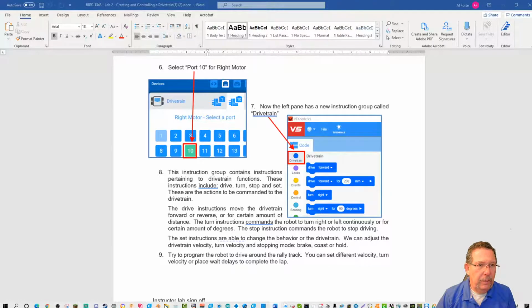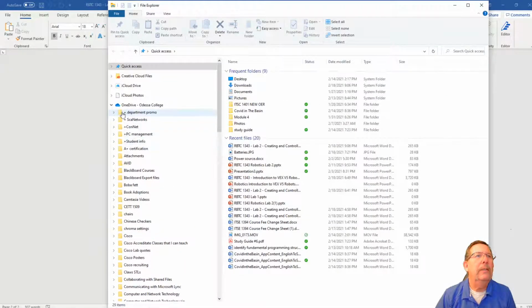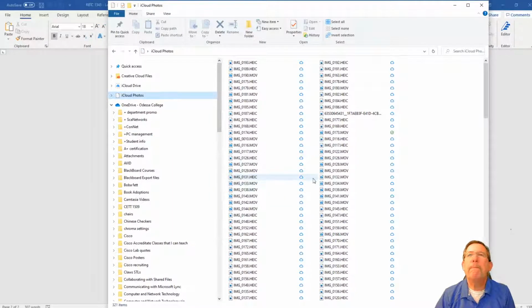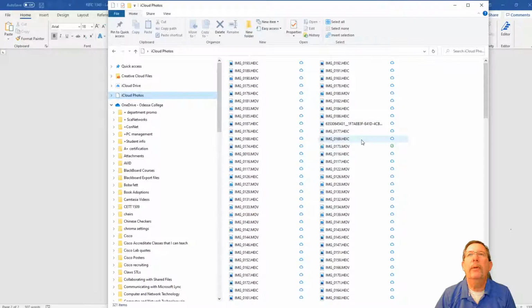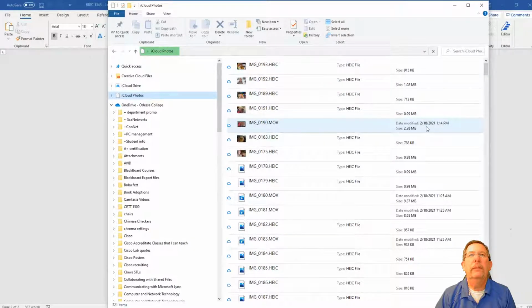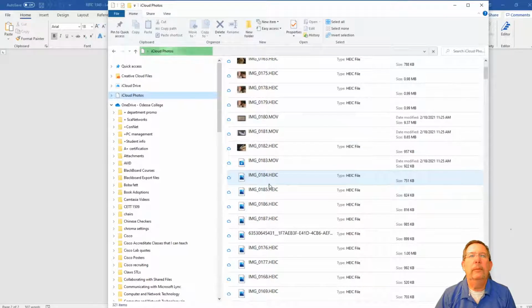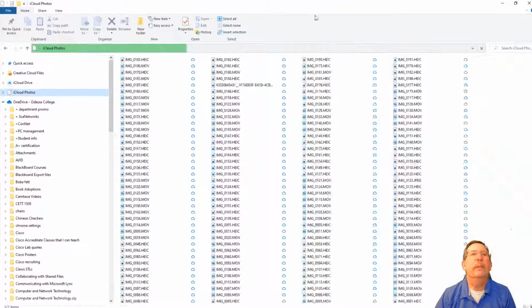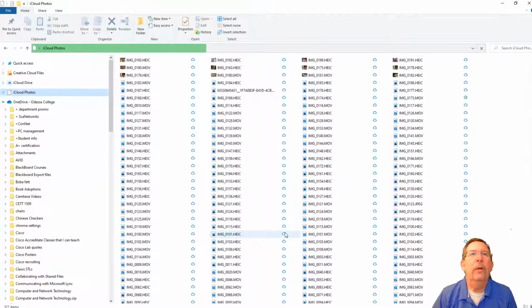Let me see if I can find something that we did. Is it in my photos? Try to remember. Let's see if we can get a date out of these. I'm hoping that I can see this because I think you guys know where I'm going with this.